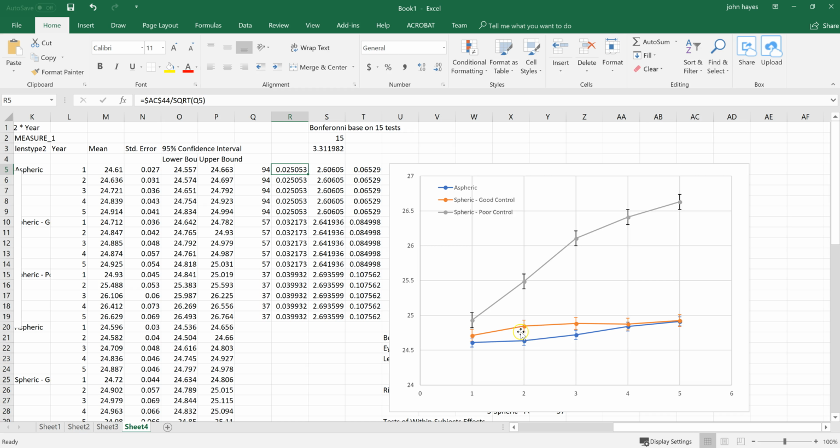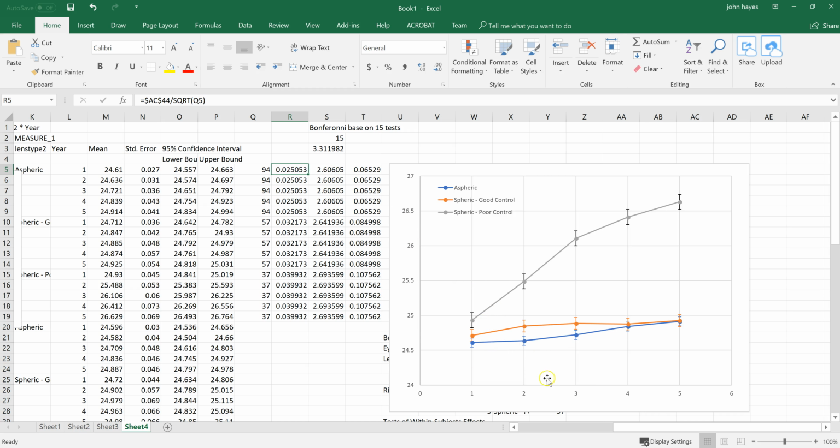The spheric good control grows a little bit faster than the poor control for years 2 and 3, but the aspheric kind of catches up with them, and they're no different. But aspheric or spherical poor control is just out of the park worse. They're just not controlled at all, and they go up. So that eye grows there, where it doesn't grow down here.